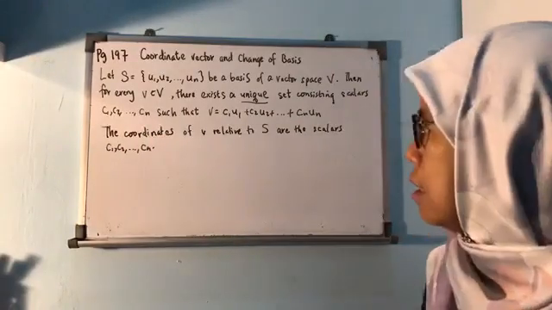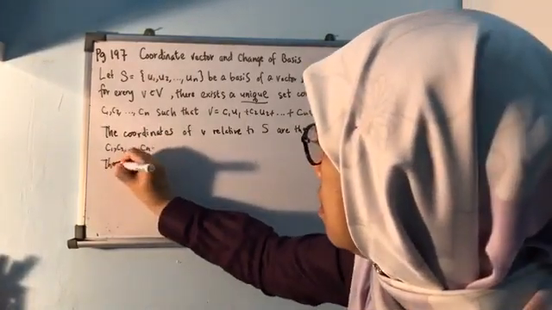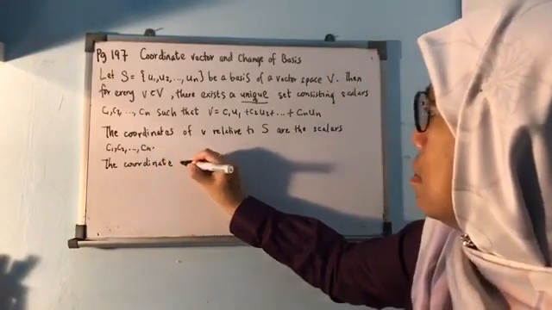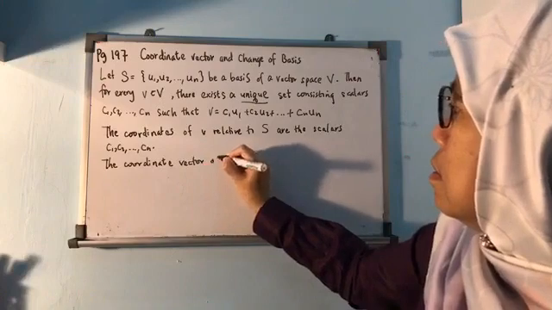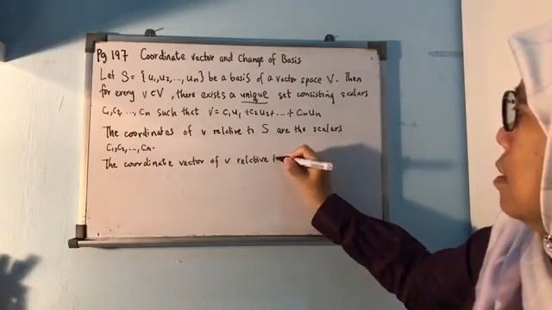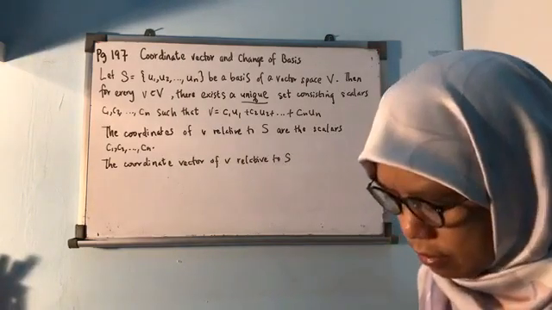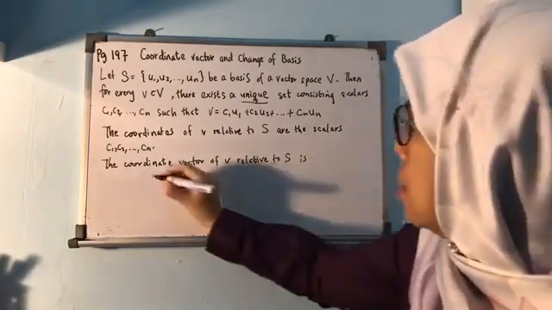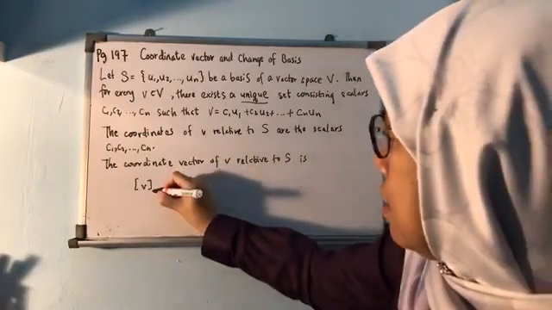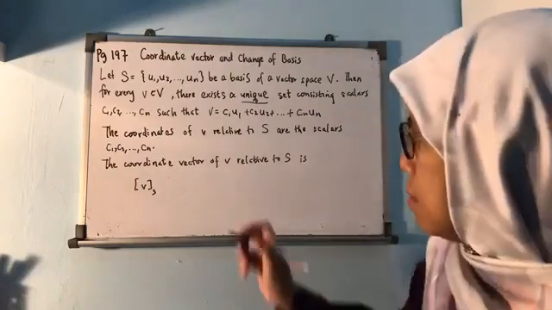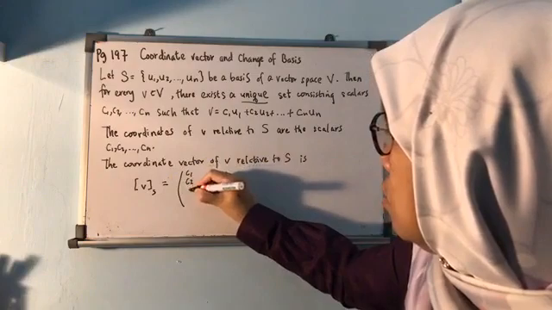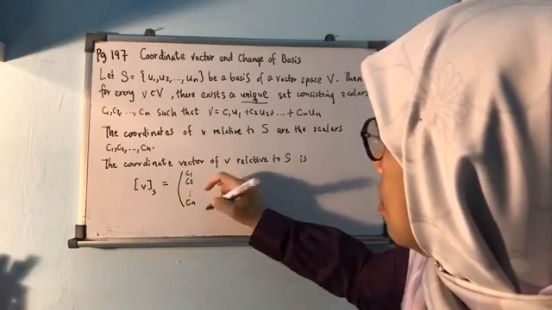Okay, and the coordinate vector of v relative to S is, this is how you write v relative to S. c1, c2, cn.